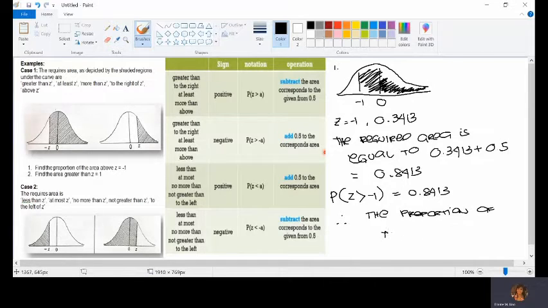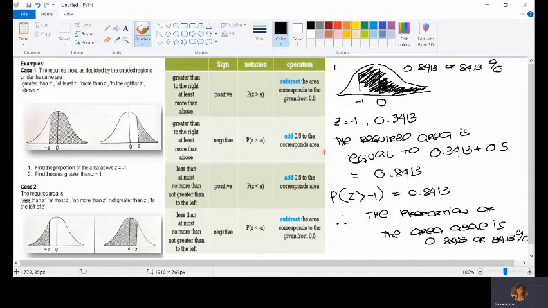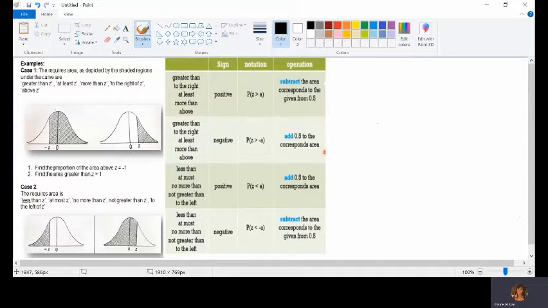Therefore, the proportion of the area above is 0.8413, which is also equal to 84.13%. Example number 2 in our case number 1.